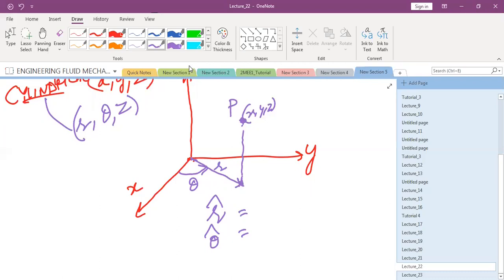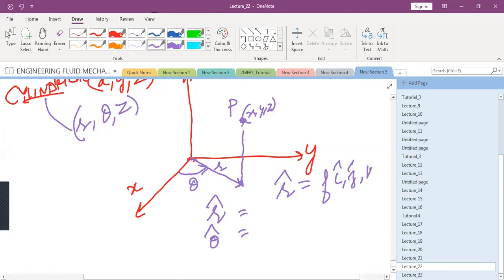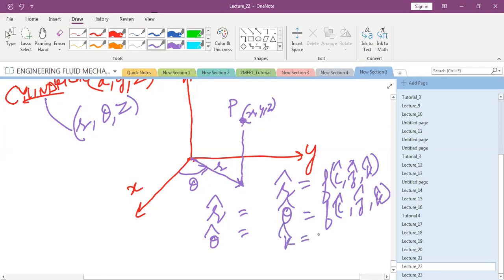I want the answer from your side. I am giving you 30 seconds. R cap now will be a function of i cap, j cap, k cap. Likewise, theta cap will be a function of i cap, j cap, k cap, and k cap is again k cap only, because this is coincident with the Cartesian coordinates. But I want from your side regarding r cap and theta cap.